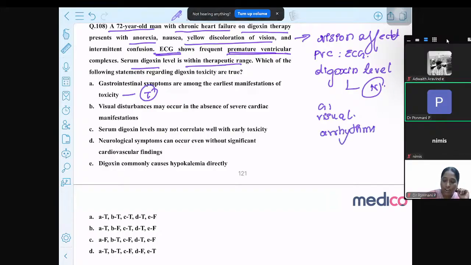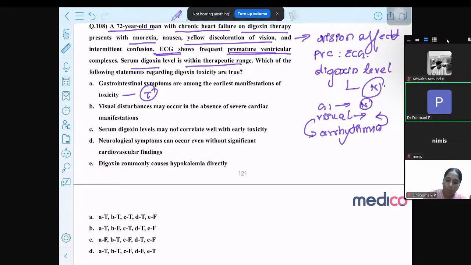Please note, GI symptoms can occur even when the serum level of digoxin is within the normal range. Visual symptoms can occur even without arrhythmias, and the arrhythmias can also occur even without any significant visual disturbances.